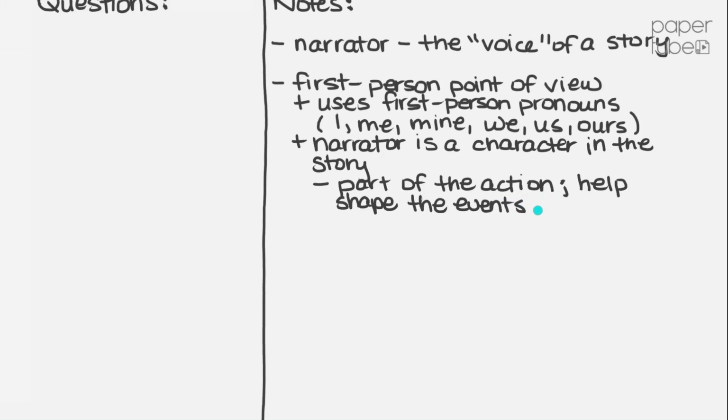So they're not just sitting by watching stuff happen, they're actually making some of the stuff happen. And another part of first person point of view is that we see this narrator's feelings and opinions about things.